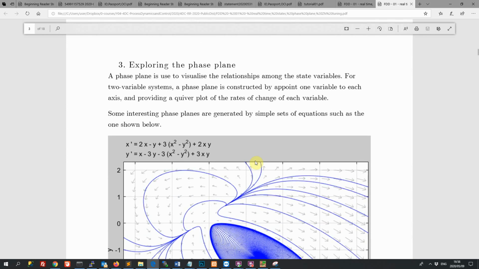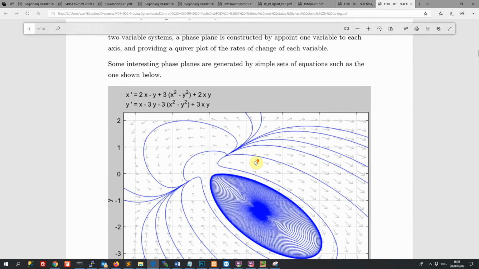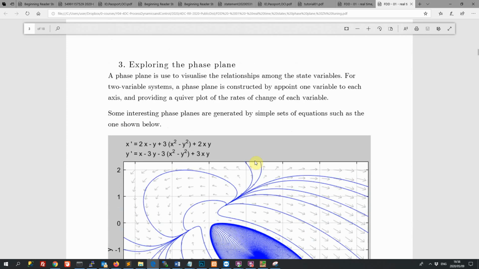Then here, I do come back to differential equations at some point. It's one of the videos near the middle, probably the third last video, and I talk about when we have two differential equations that are coupled. So here we read the left-hand side as dx dt and dy dt, right?